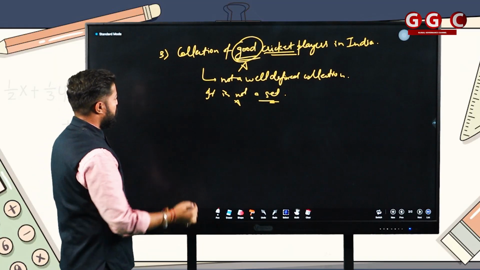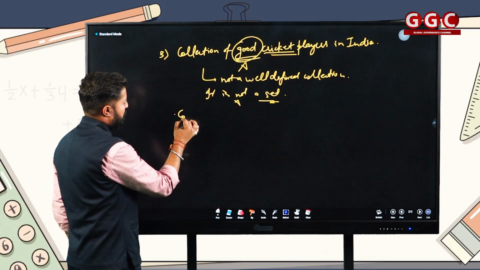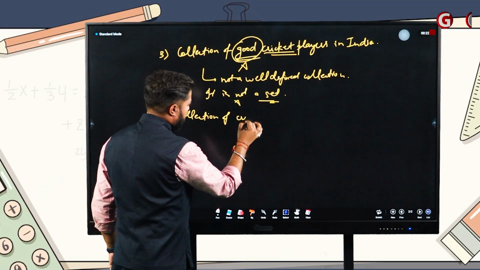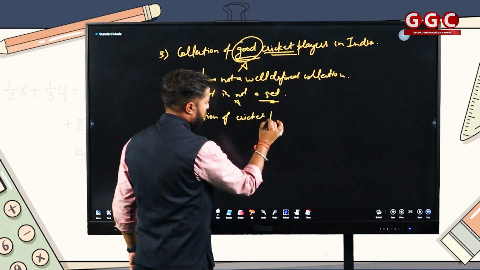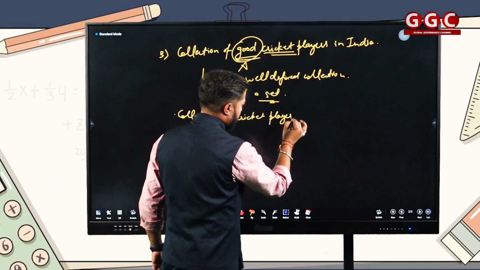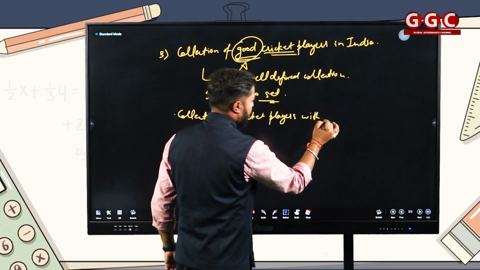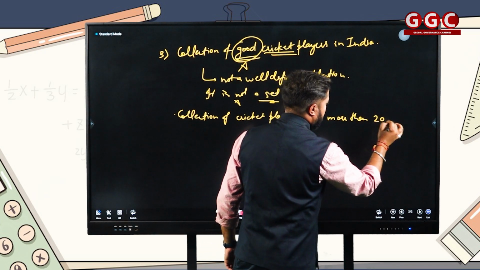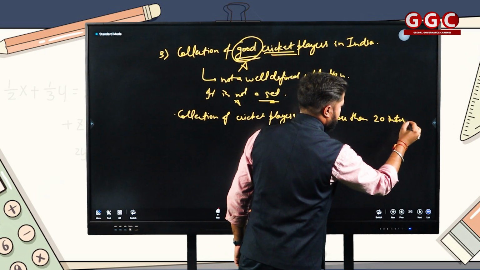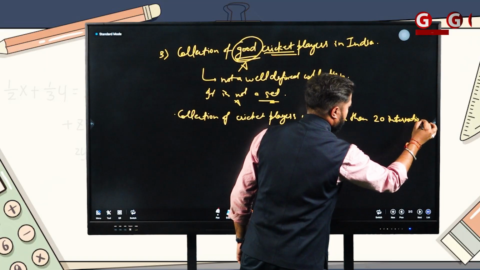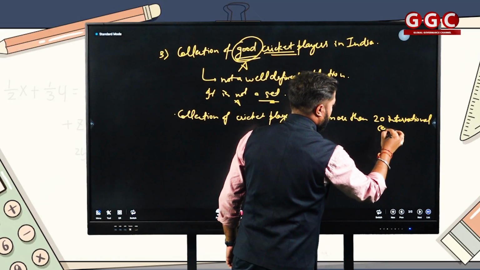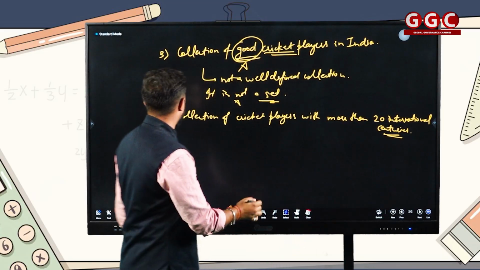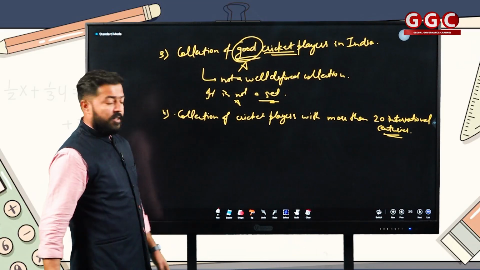On the other hand, suppose we take collection of cricket players with more than 20 international centuries. That is the fourth example.